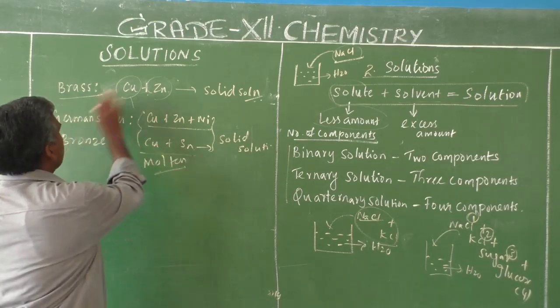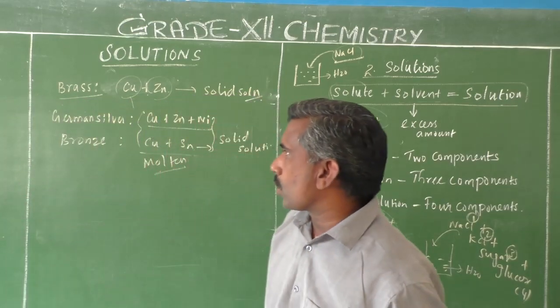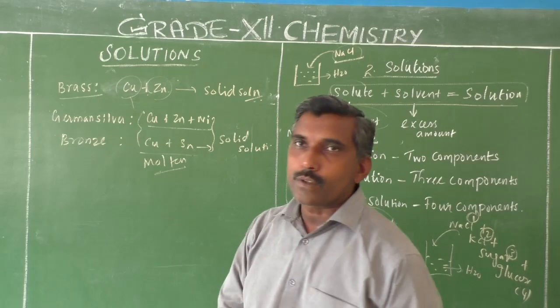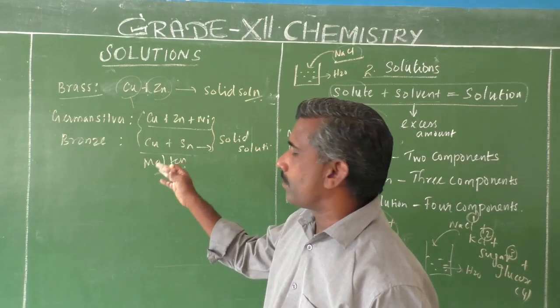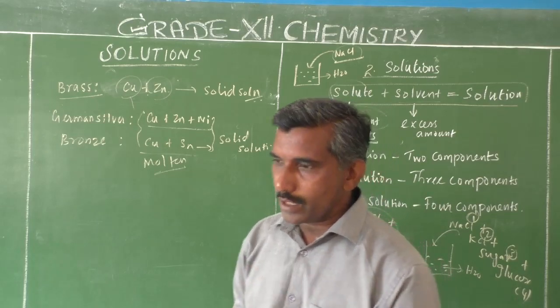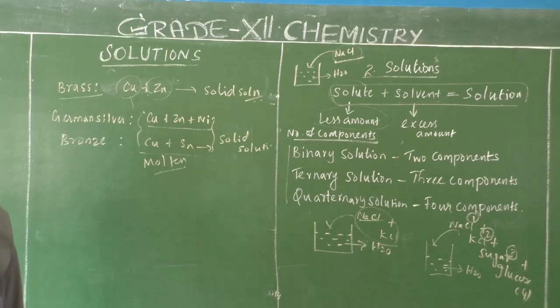We will discuss solid solutions in detail later. They have a lot of variety of uses. Bronze is an alloy, German silver is an alloy. So this is very important, and I will introduce the topic only.